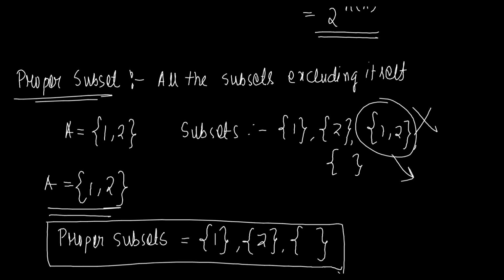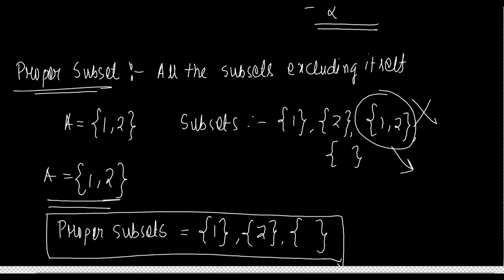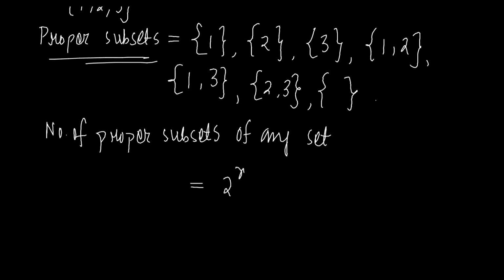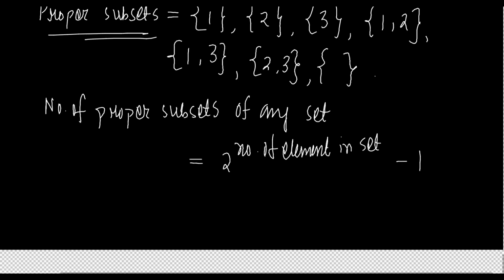So in case of proper subsets, what will be the number of proper subsets? It will be the number of subsets minus 1. Why this minus 1? This will be 2 to the power number of elements in that set, minus 1.